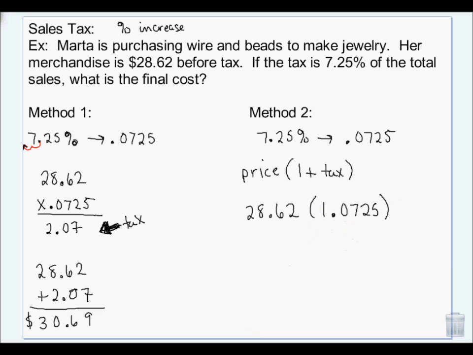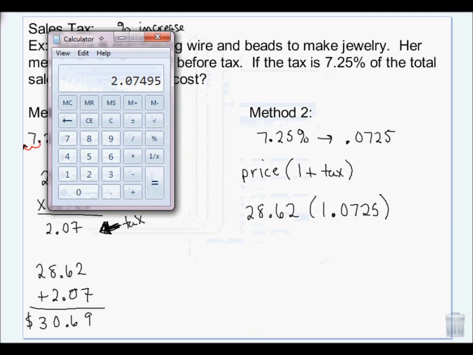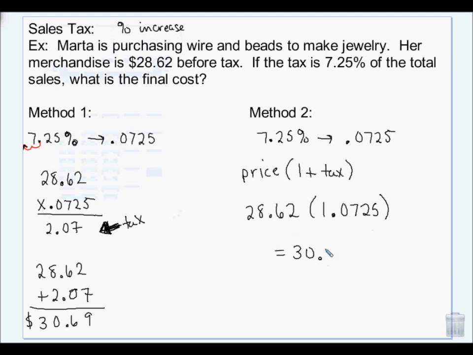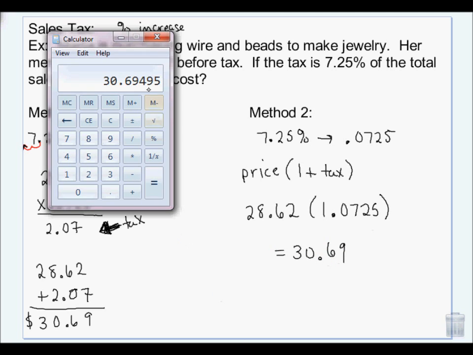When you multiply that out, I get 30.69. So this 1 accounts for adding the price, doing the whole thing in one step.